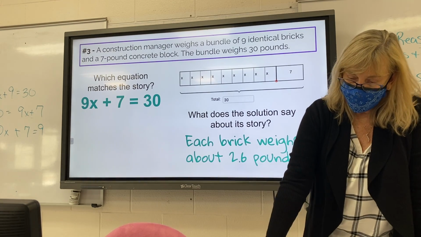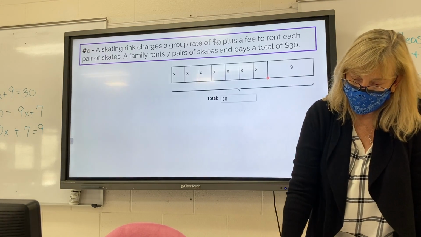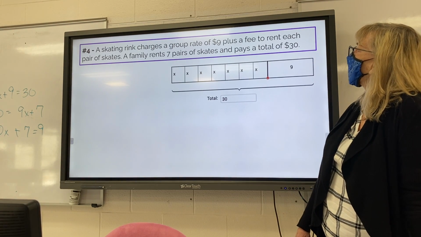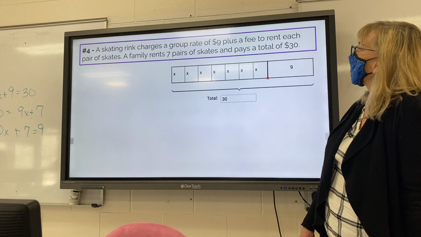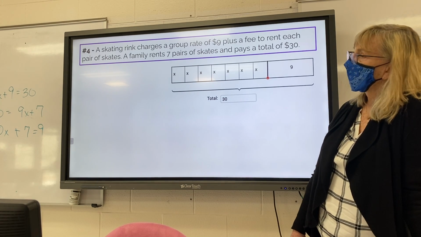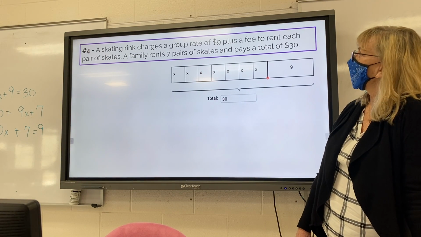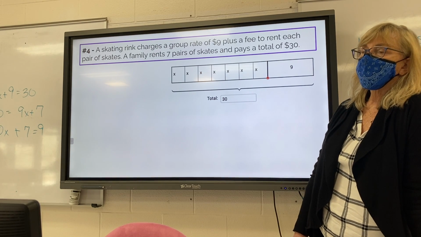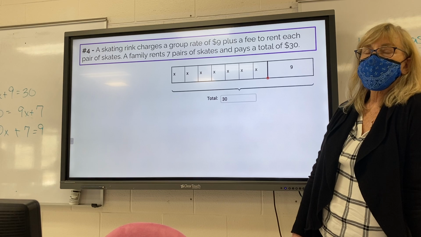Awesome. Okay, next one. A skating rink charges a group rate of $9 plus a fee to rent each pair of skates. The family rents 7 pairs of skates and pays a total of $30. What is X representing?